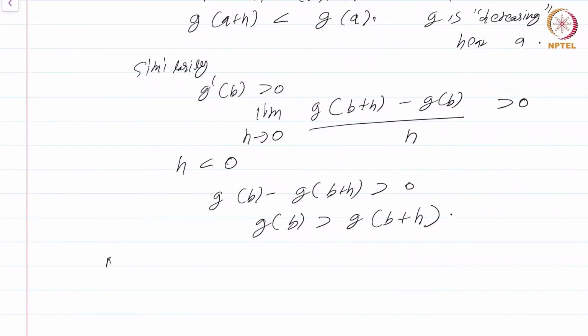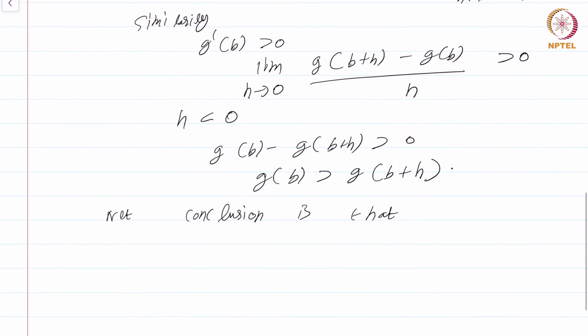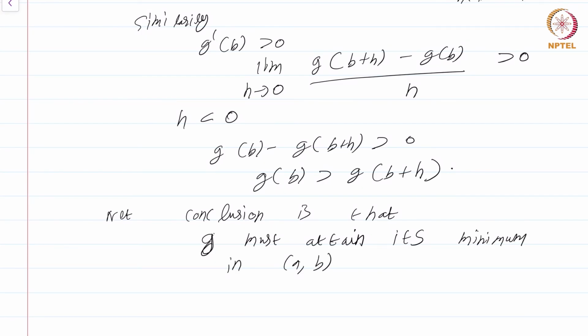Okay, so the net conclusion is that g must attain its minimum in (a,b). g certainly attains its maximum and minimum in the closed interval [a,b].